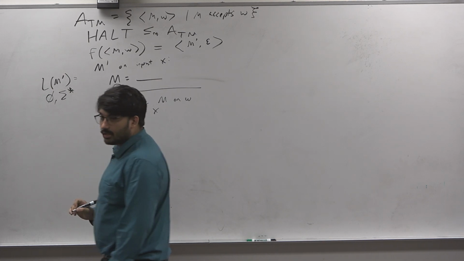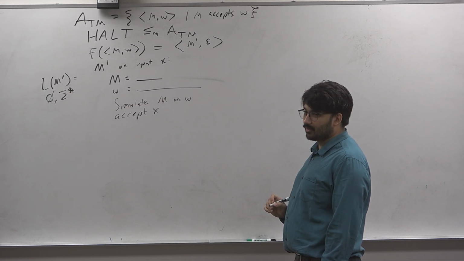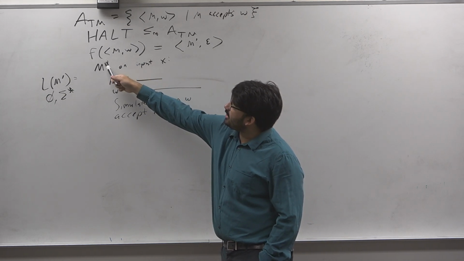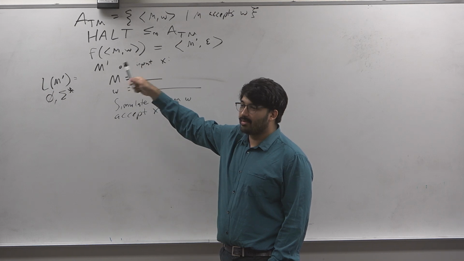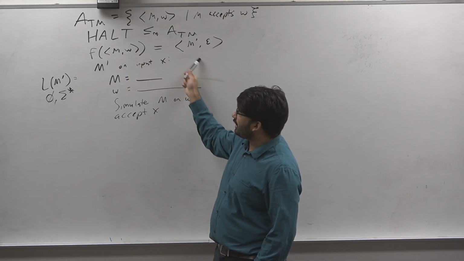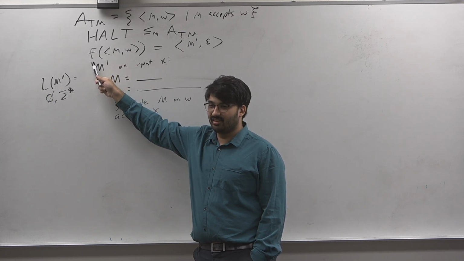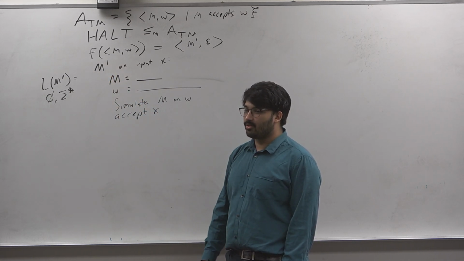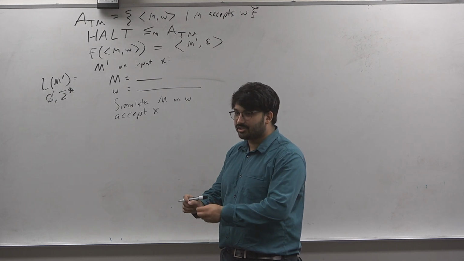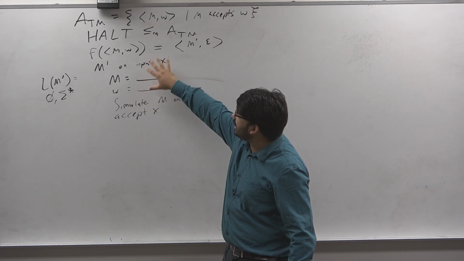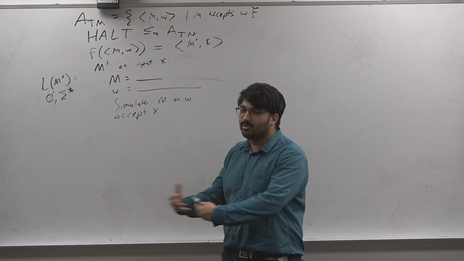I have a question. Yes. How is W selected? Here's an important thing: M prime is never executed. M prime is printed by a machine which computes the function f. It takes as input M and W, and it prints out the code of machine M prime by doing a little bit of string surgery and copying and pasting templates together to hard code whatever M is and whatever W is into M prime.